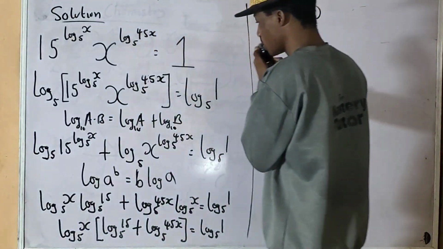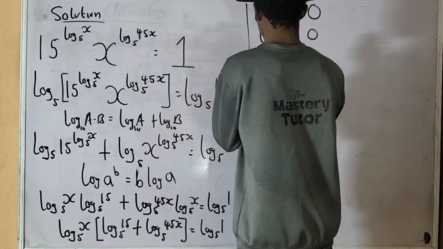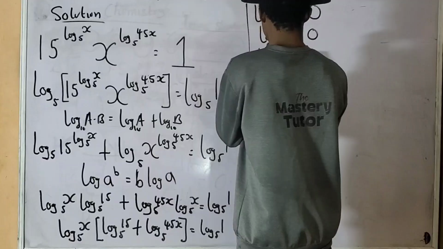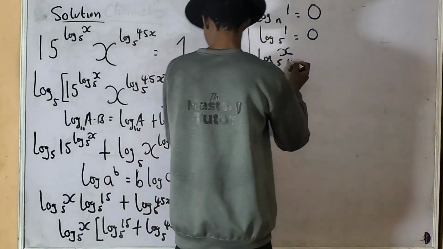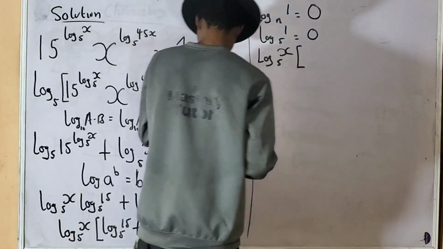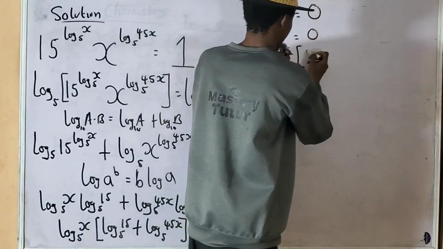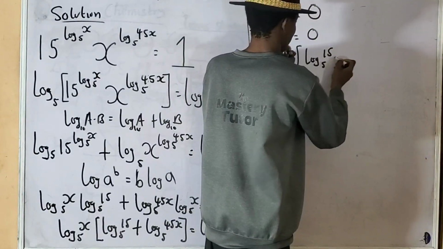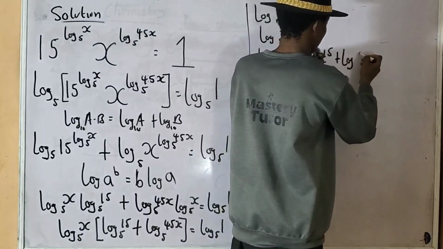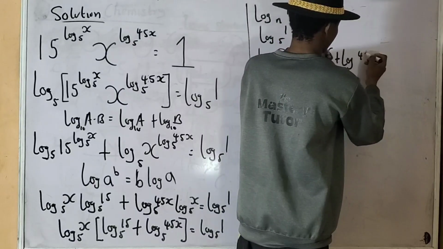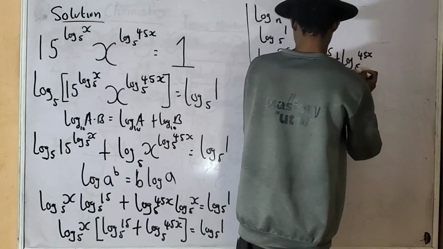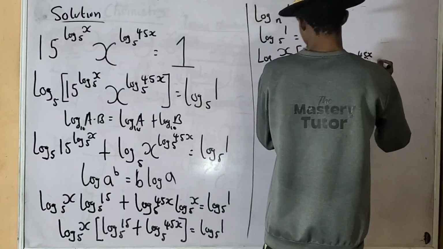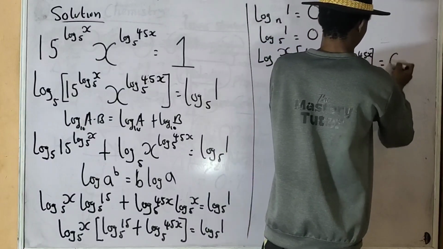So for this, we are going to have log x base 5 multiplied by log 15 base 5 plus log 45x base 5, and then this will be equal to 0.